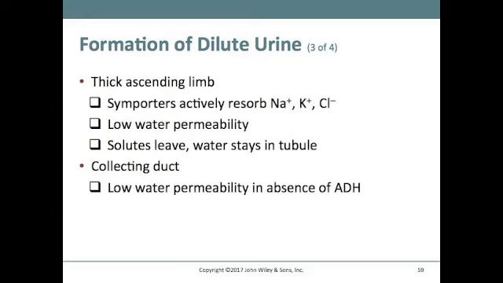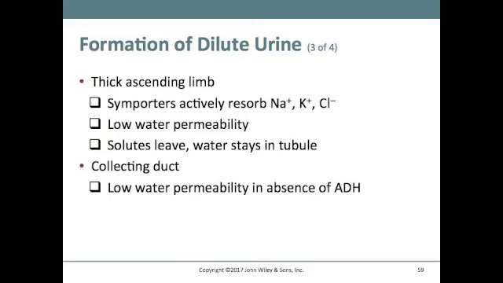And although some solutes are being reabsorbed in the thick ascending limb, the water permeability of this portion of the nephron is always quite low, so water cannot follow by osmosis. As solutes, but not water molecules, are leaving the tubular fluid, the osmolarity drops.